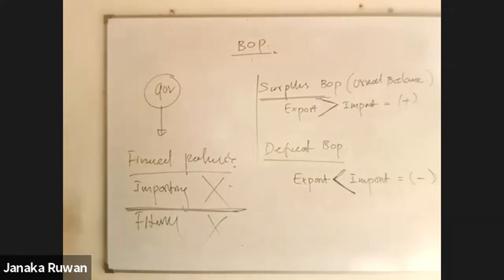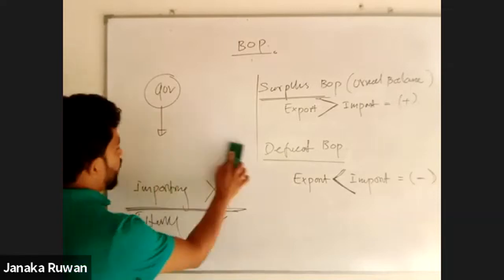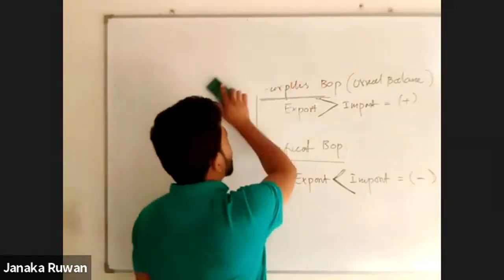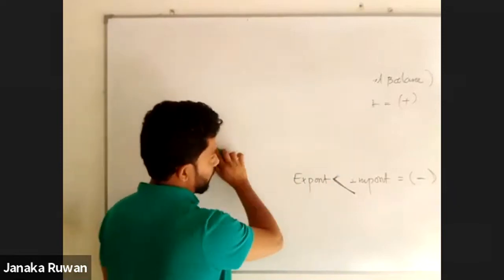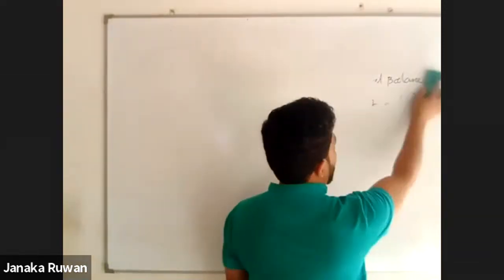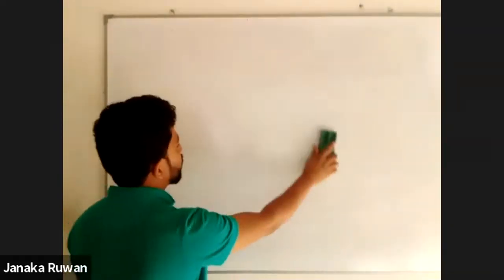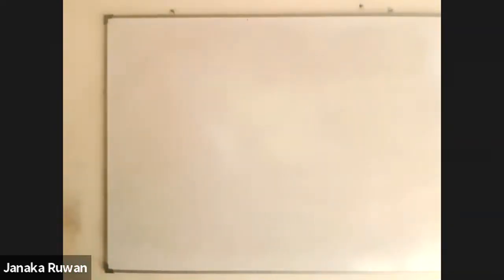What do we have to discuss in the balance of payment? What are the main components of the balance of payment? We studied the balance of payment, the meaning of the deficit, and also the surplus.